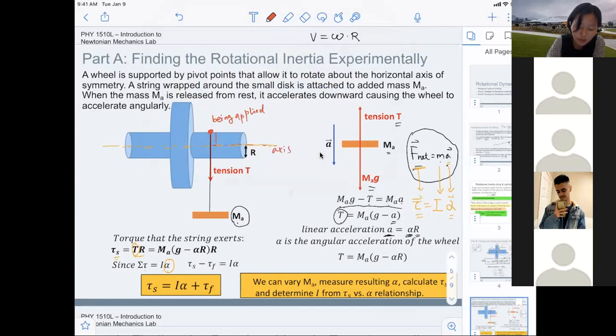So from here to here is your lever arm, which is simply the radius of my third wheel, R, okay? So tension, you already got it from the previous step, plug it in, multiply by R, and you can find what this torque is.